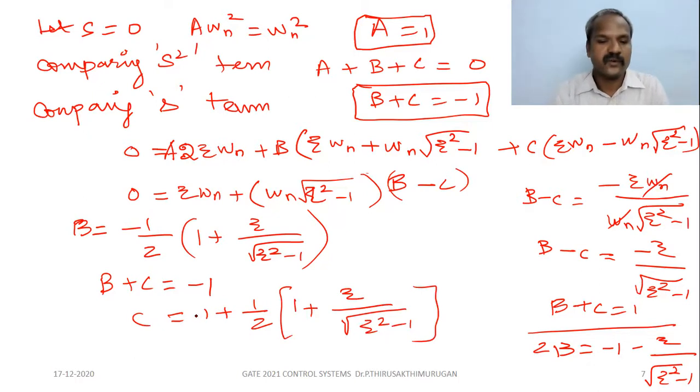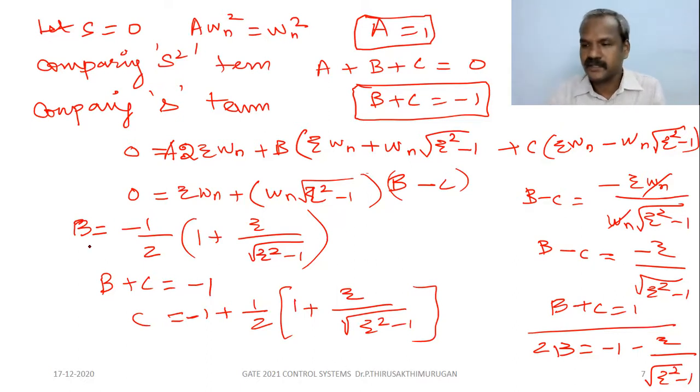Okay, C value equal to minus 1 plus 1 by 2 of 1 plus this. So B value equal to minus 1 by 2 into 1 plus zeta by this.